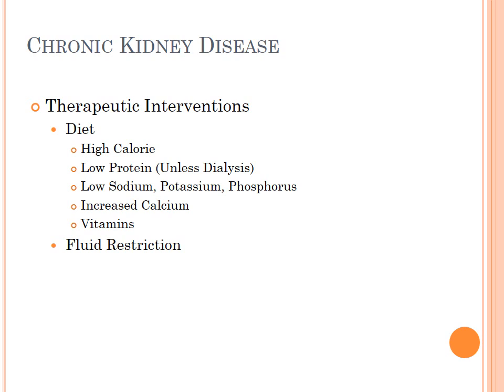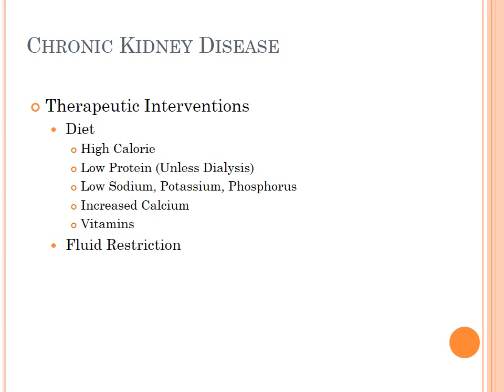Chronic kidney disease therapeutic intervention includes diet, usually restricted protein, unless they're receiving dialysis, because when somebody's on dialysis, they lose protein. So it depends. Normally a kidney diet is low protein. They'll also be on a low sodium, low potassium, and low phosphorus diet, with increased calcium, as we saw. Hypocalcemia is a problem with people with chronic kidney disease.